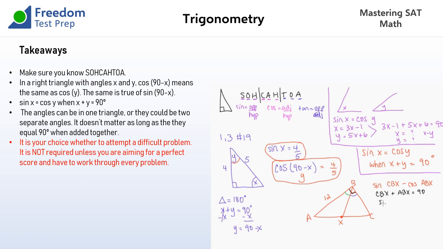Therefore, sine of X equals cosine of Y. Well, if they're the same, then one minus the other is going to equal 0. Let's just say they're 5. It doesn't matter what number they are. 5 minus 5 is 0. So our answer is going to be 0.